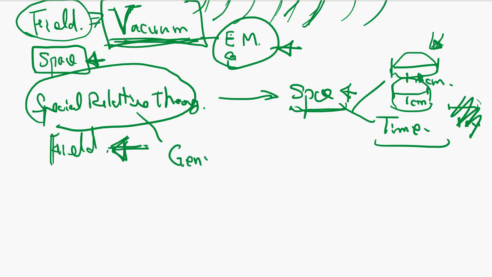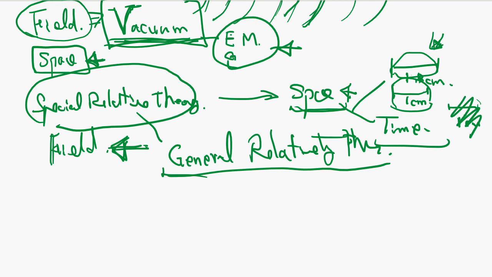to create general relativity, the general theory of relativity. Okay, so what he did is, instead of gravity field theory, he said, well, actually space warps around the gravity like this.